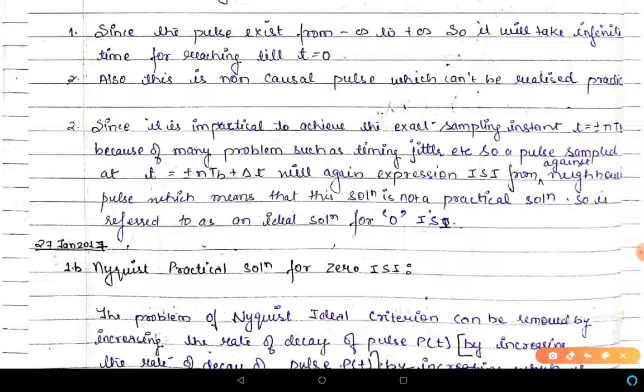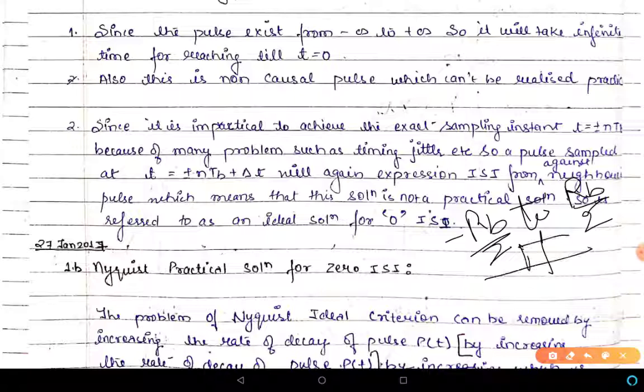To avoid that ISI, we made the signal band limited from minus RB by 2 to RB by 2. So the shape was like this.